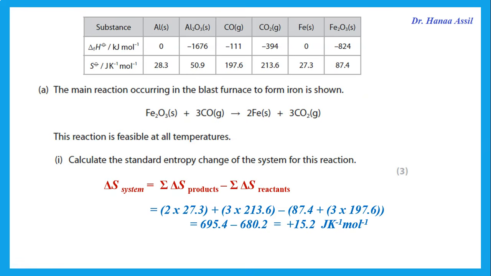In the reactants, we have Fe2O3, which is 87.4, and 3 times CO, which is 197.6, and the total is a positive value for the delta S of the system. Remember, this is in joules per kelvin per mole.